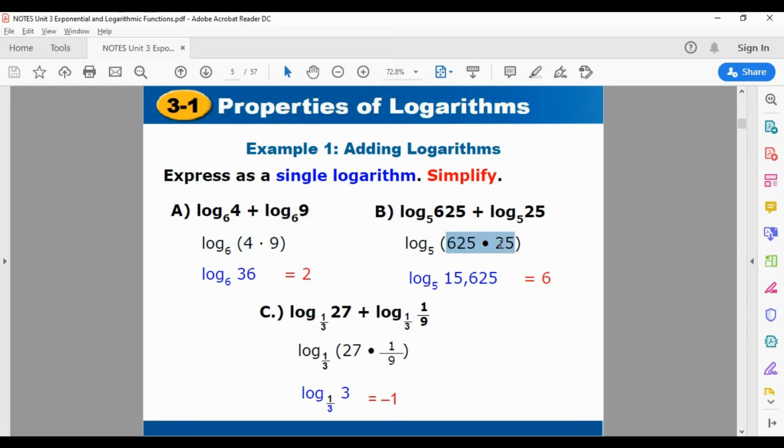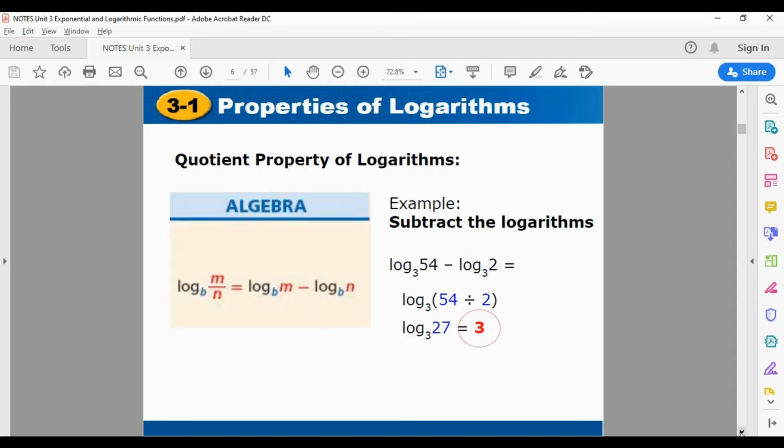In the case of B, the 625 and the 25, and in C, the 27 and 1/9. Once you find those products, you can take the logarithm of the single number. So log base 6 of 36 is going to be 2, because 6 squared is 36, and so on for the other three.